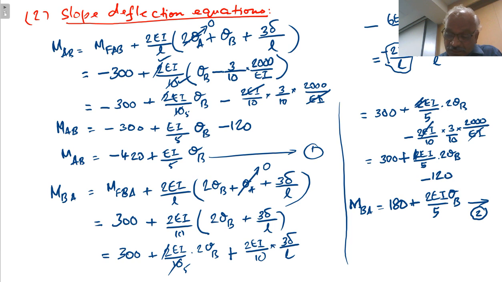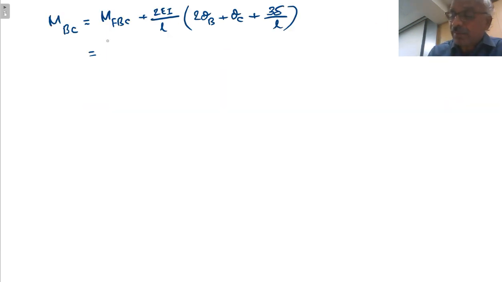Then now we can just see minus 250 plus 2EI by L. Here also I is same. There is no change.